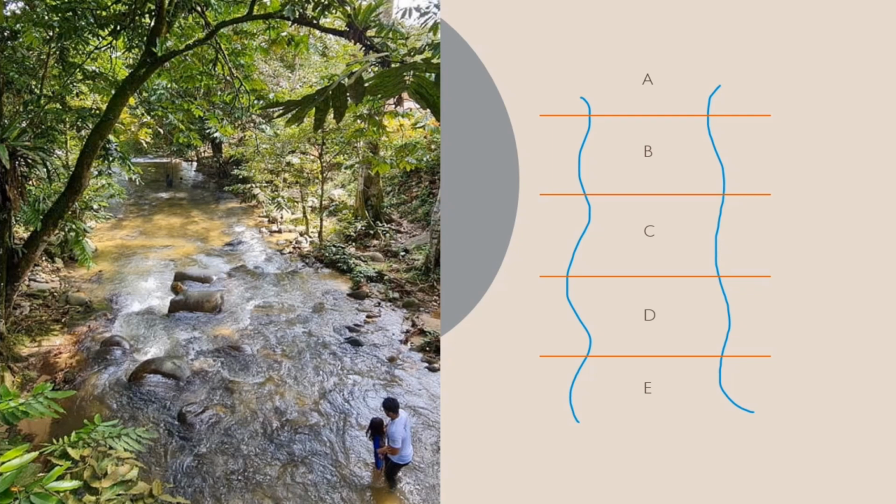All three data will be taken as the average of the measurements, as we want to know the ideal measurement of each, which is the length, width, and the depth. The reason we split into 5 sections is because every cross-section of the river is different, so it is better to take more than 3 different measurements to know the ideal measurement.